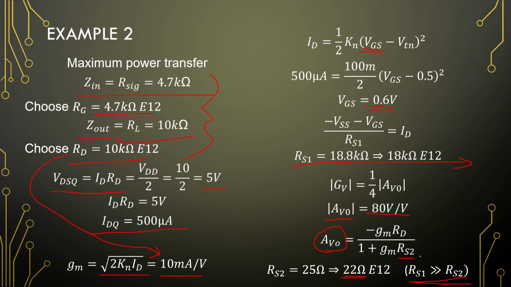Okay, so we didn't need to account for it really in this equation right here. And I think that is all our resistors designed: RG, RD, RS1, RS2, and yeah, that's all 4 of them.